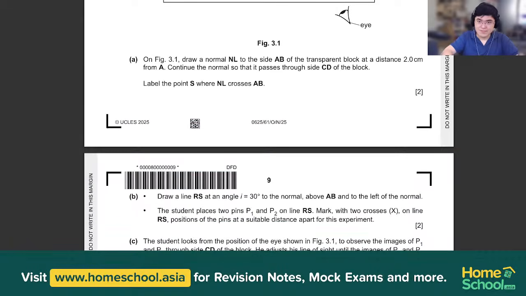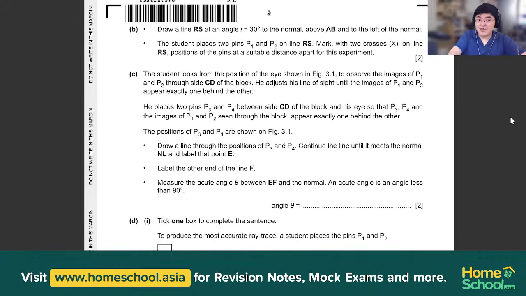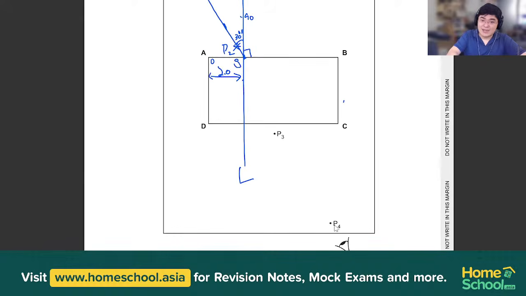Now let's read what we do here. We are to draw a line between the positions of P3 and P4 and continue until it meets the normal at L, and label this point E. We also are to label the other point on the line F. We are to measure the acute angle between EF and the normal. The acute angle is less than 90 degrees. So let's do this. The main point is to draw a nice long line between P3 and P4.